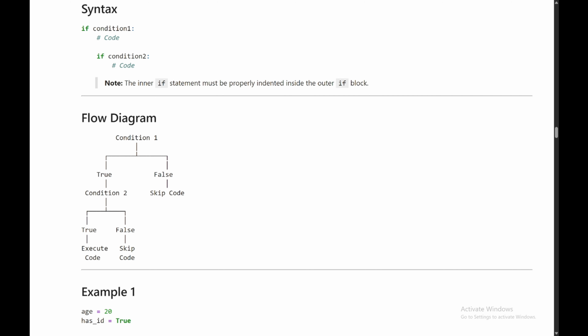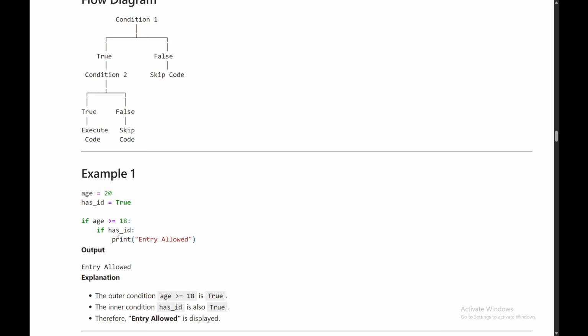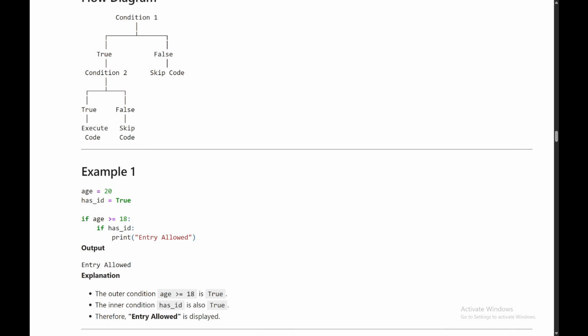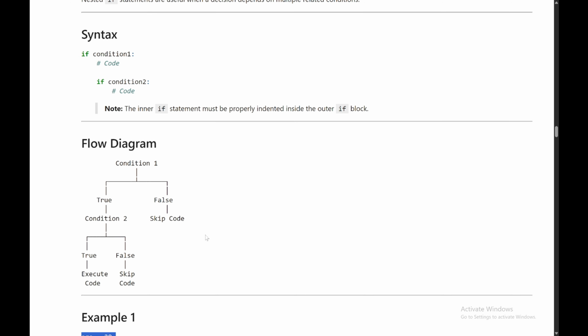And if the condition of the second if is true, then it is going to execute the code, otherwise it is going to skip. Such as here we can take an example.